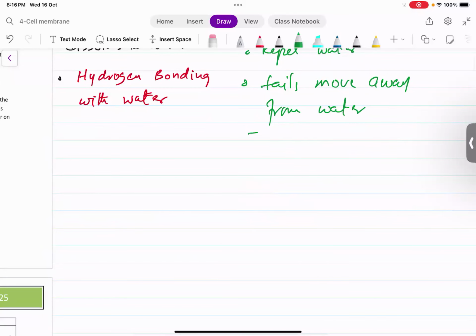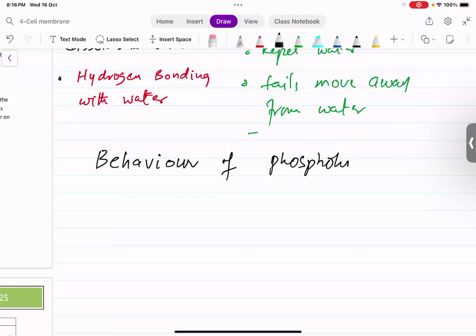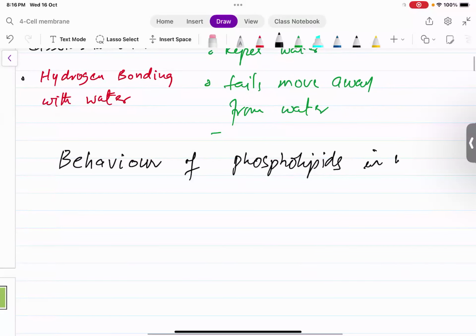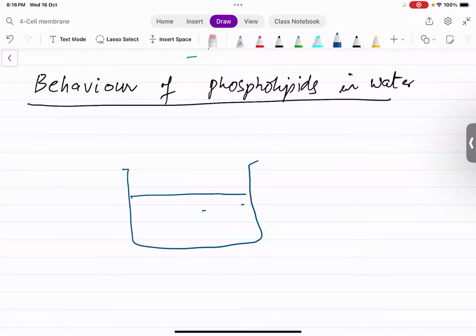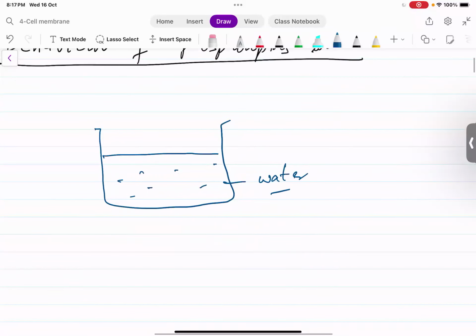We should understand the behavior of phospholipids in water. If a small amount of phospholipids is added into water, if this is a container having water in it, this is water, and we add a small amount of phospholipids into it, what will happen?